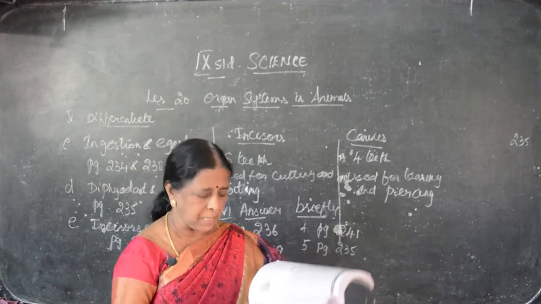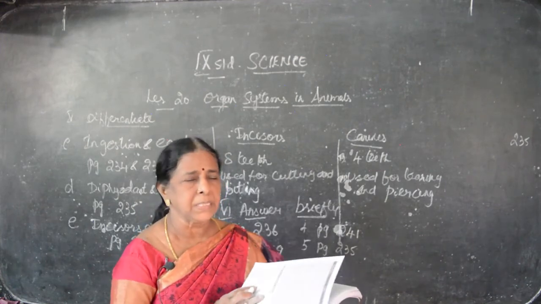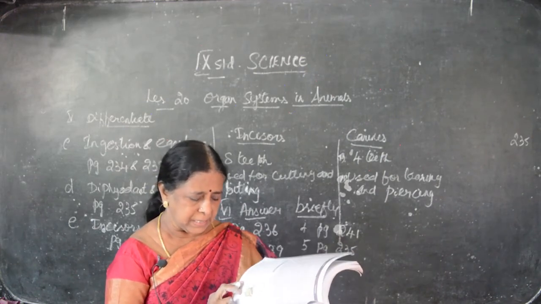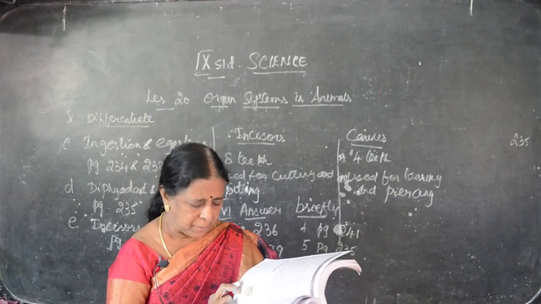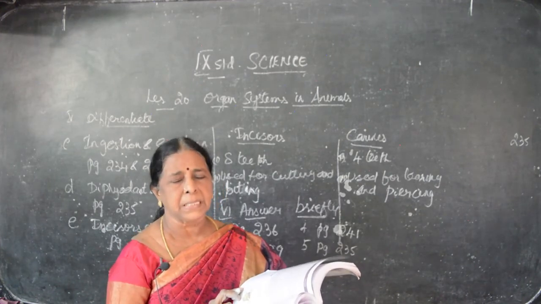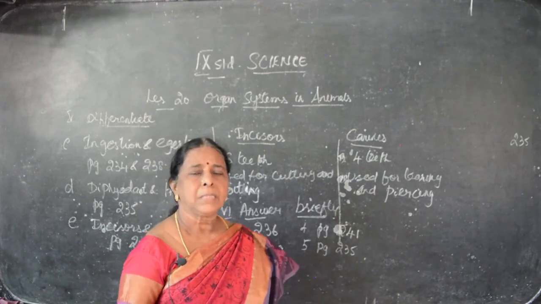In this, the last tabular column is there, no? Types of teeth, table 20.2. Types of teeth and their function. Incisors, canines, premolars, molars. So all the 4 you have to write as it is, in the tabular form. Clear, children?